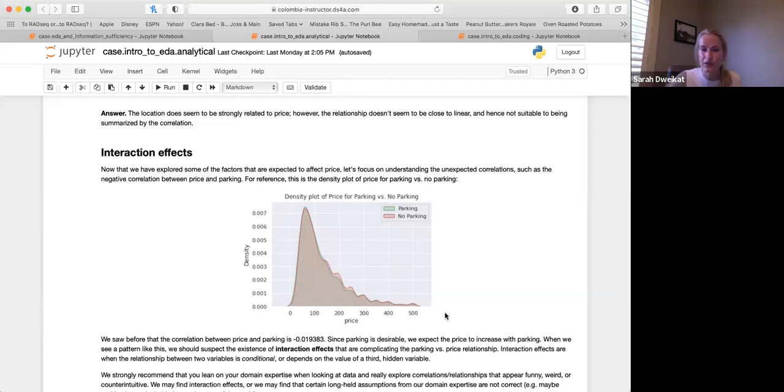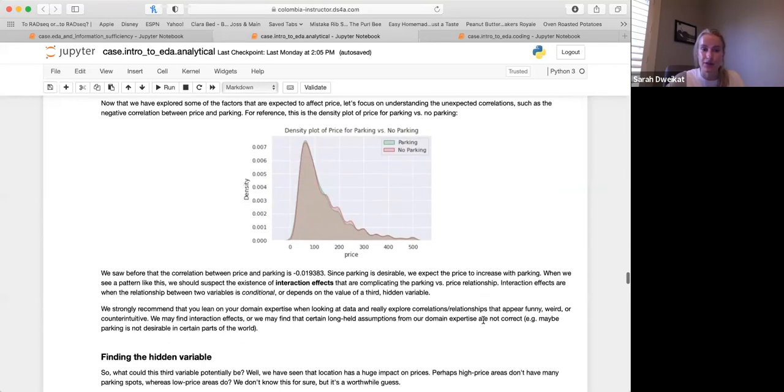If there was a strong relationship for our whole data, we might see a big hump for parking in green might be over here, at the peak of our data, and no parking might be here. That could indicate a pretty strong relationship. But because we see they follow pretty similar trends, our number also makes sense for correlation, having no relationship. But what we want to do now is investigate this a bit further.